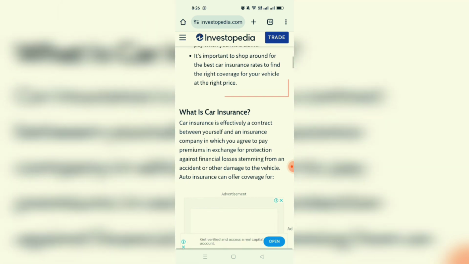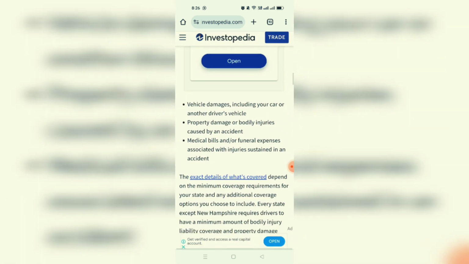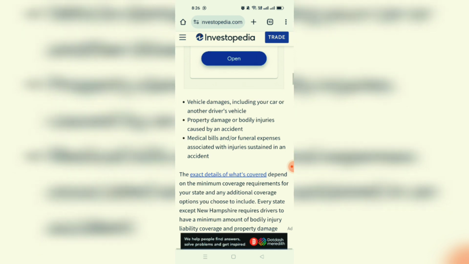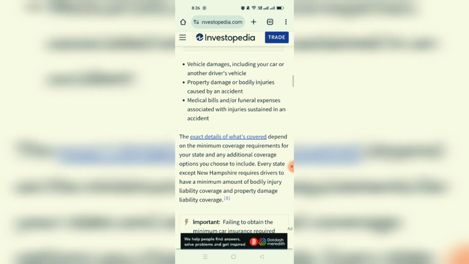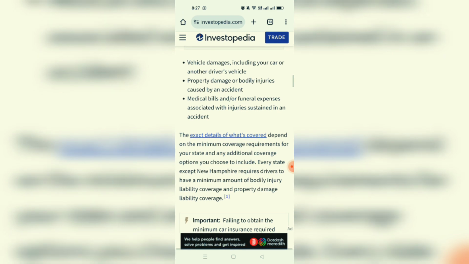Auto insurance can cover vehicle damage, including your car or another driver's vehicle, property damage, or bodily injuries caused by an accident, medical bills or funeral expenses associated with injuries sustained in an accident. The exact details of what is covered depend on the minimum coverage requirements of a state and any additional coverage options you choose to include.